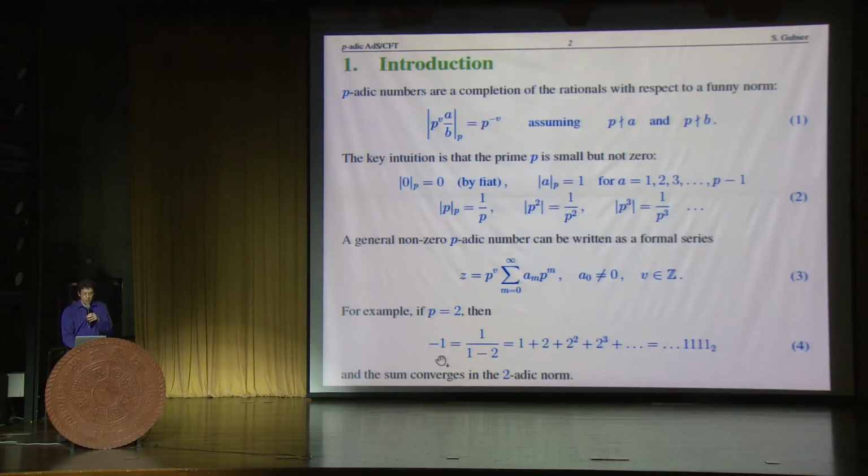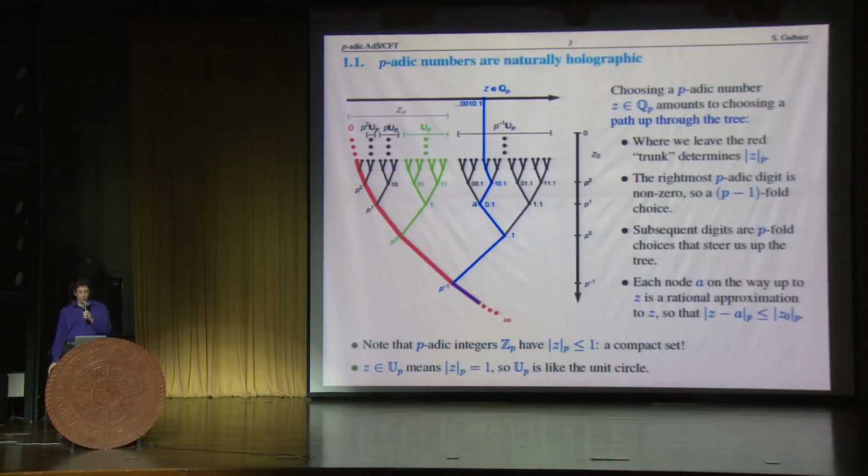So minus 1, when you write it as a p-adic expansion, a 2-adic expansion, expands forever to the left, and every digit is 1. Let me draw this p-adic expansion in a way that will be, I hope, very suggestive of AdS CFT.